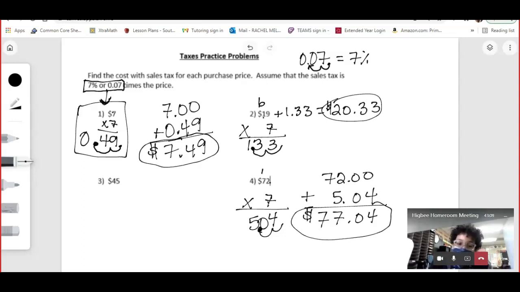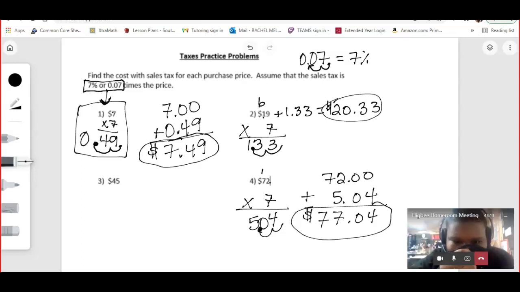Okay, David, what's your question? I understand the whole thing, but on all of them I noticed that every single one had a 7 in it, and I still don't understand how you got the 7. You mean the 7 that we're multiplying? Yeah.